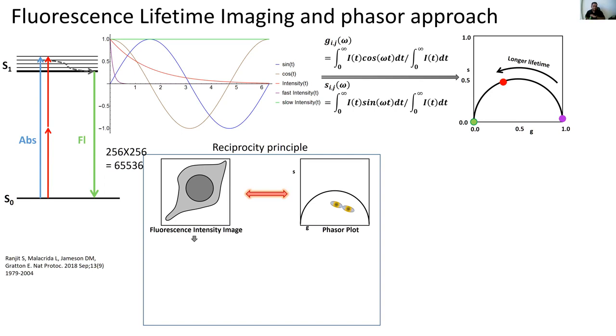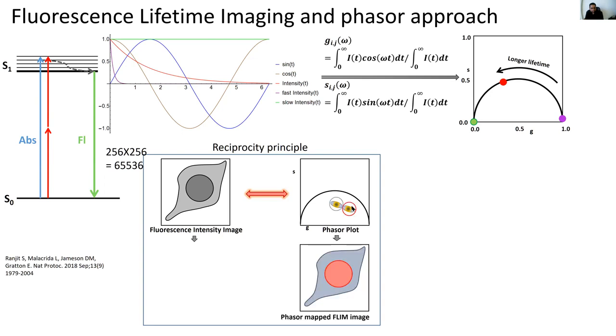Now, one of the biggest things about the phasor is the reciprocity principle. What I mean by that is you have your fluorescence intensity image and you transform it to the phasor. Once you have transformed it, every point of this image gets transformed to a point in the phasor plot.